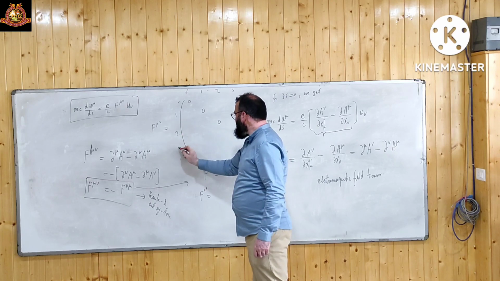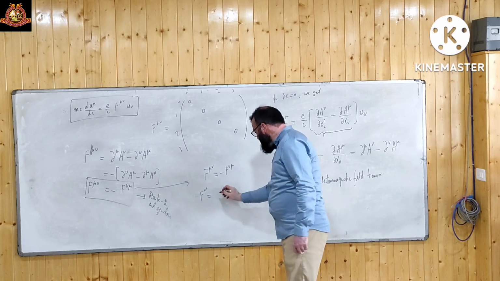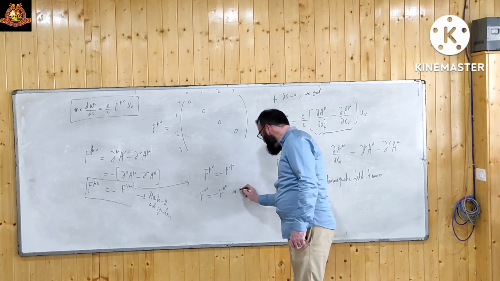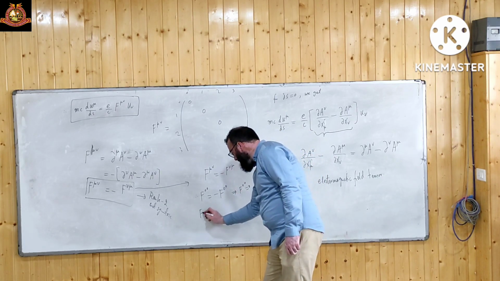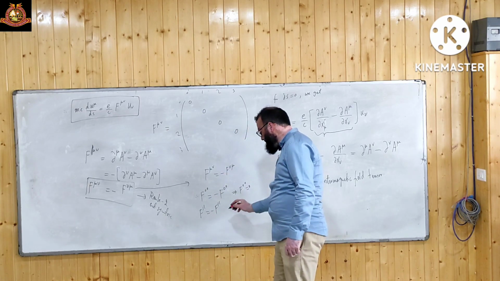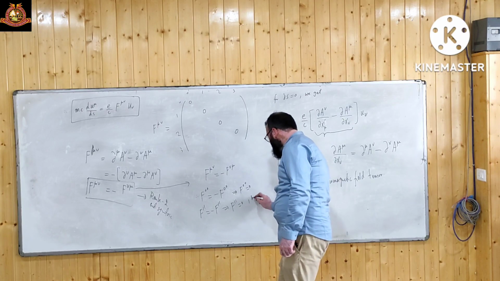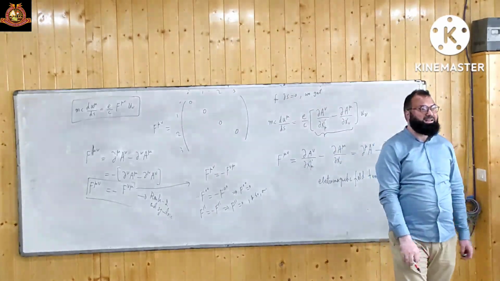This will be F00 equal to minus F00. It is only possible when F00 is 0. Similarly, F11 is equal to minus F11, so just substitute here. It implies F11 is equal to 0, and so on. So the diagonal terms of this matrix are 0.